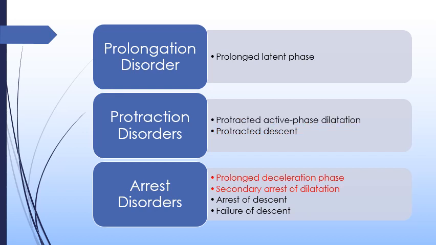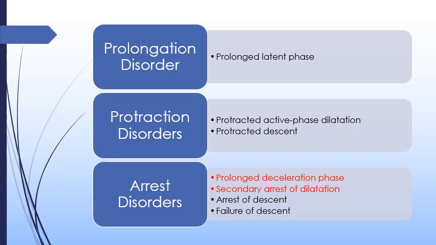Arrest disorders include prolonged deceleration phase, secondary arrest of dilatation, arrest of descent, and failure of descent. Prolonged deceleration phase is more than 3 hours in a nullipara and more than 1 hour in a multipara.